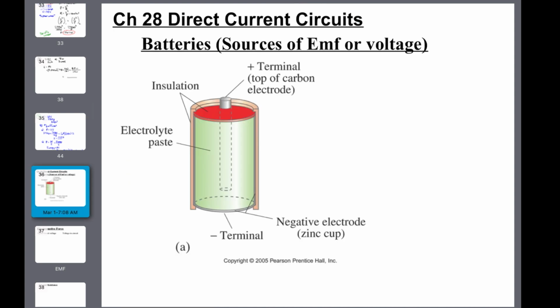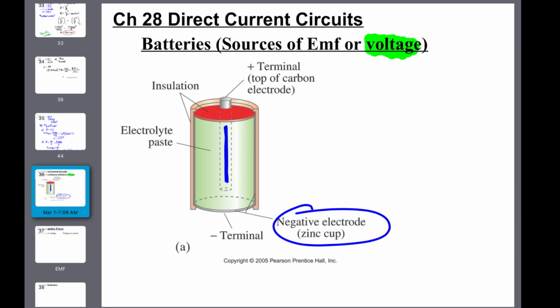Now, more specifics on circuits, getting into chapter 28. A battery is a source of a voltage or an EMF that we'll get into in more detail. Remember, inside of a battery there are chemicals, and there is a chemical reaction. In that reaction, one of your electrodes, in this case the carbon rod that runs down the center, reacts with the second electrode, which would be your outer cup that goes around the sides.